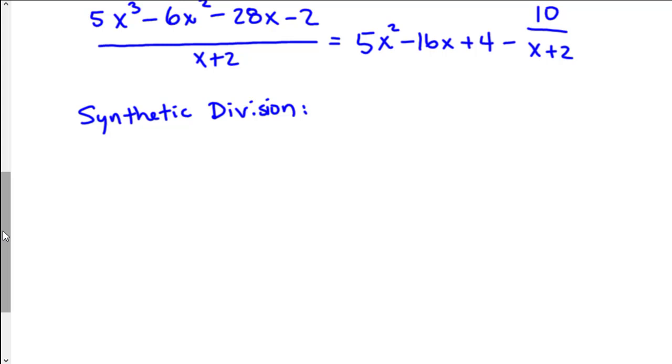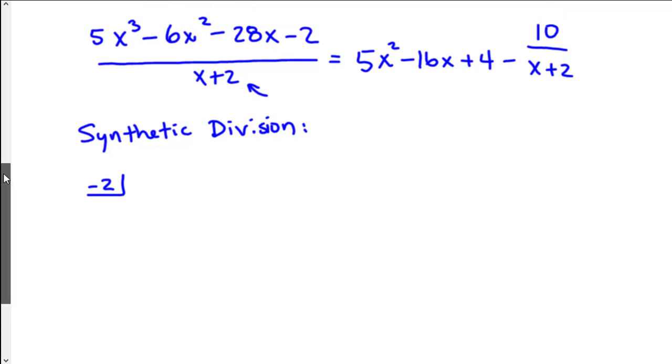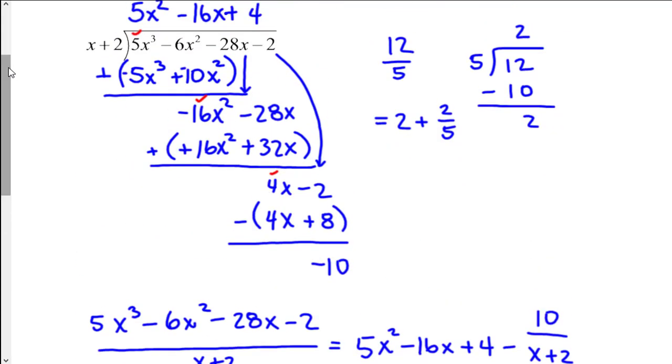There are lots of different ways of notating synthetic division, but here is the way that I do it. First I take the part that's in the denominator, and instead of using a positive 2, I use a negative 2. The reason I use a negative 2 here is because at every single step of polynomial division, I had to remember to subtract, and then I had to distribute that negative.